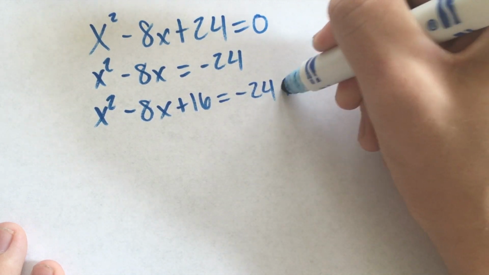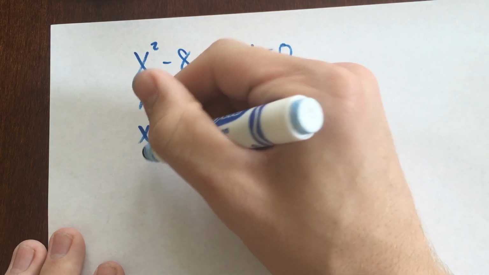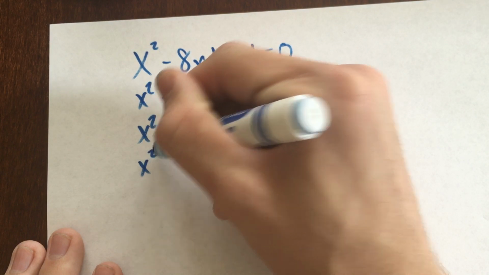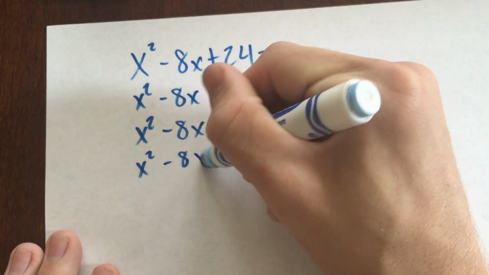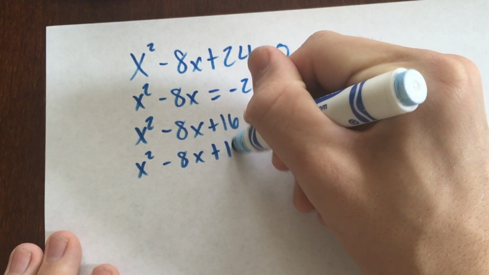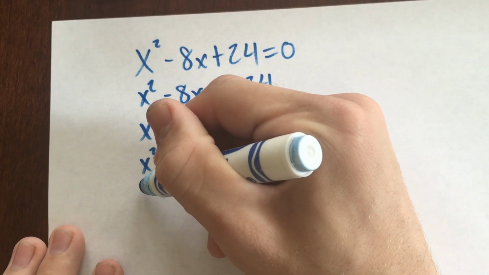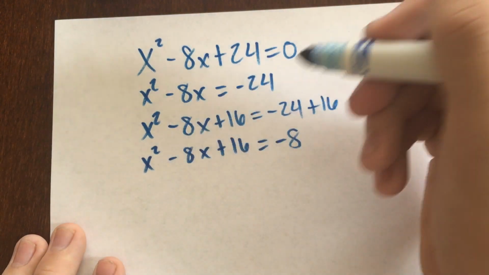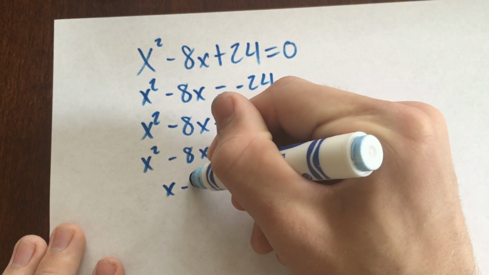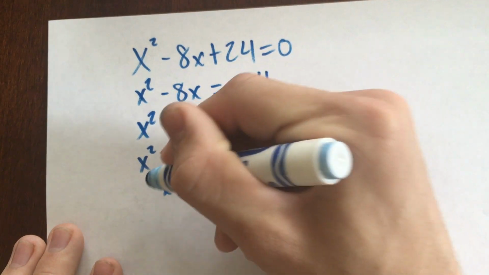And then we're going to add that to the other side as well. Whenever we add the 16 to the negative 24, we're going to come out with negative 8. And then we're going to simplify the equation to x minus 4 squared, and that's going to equal negative 8.